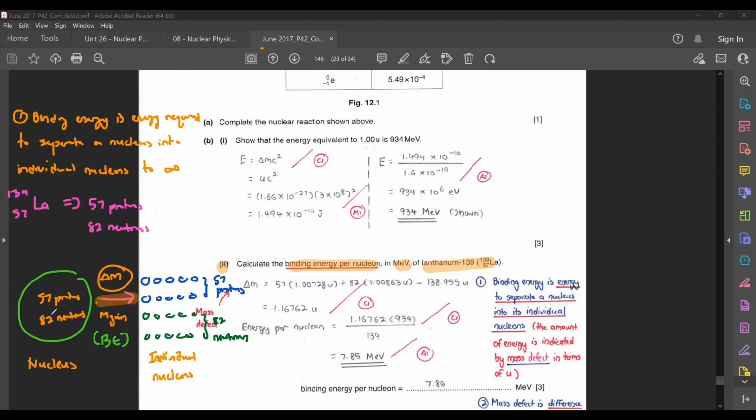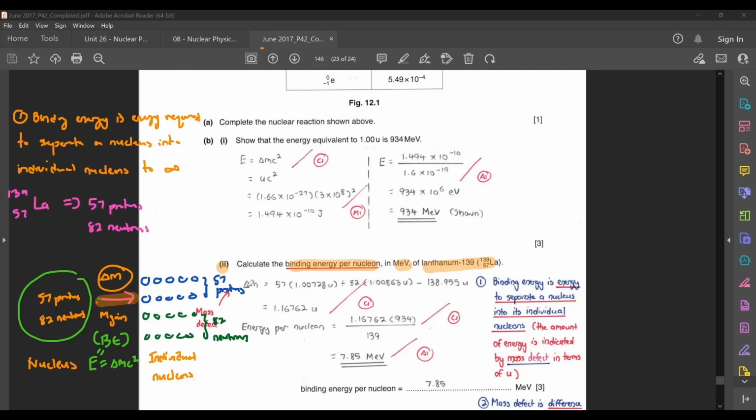And this energy involves a mass change. So since it involves a mass change, it therefore must use E is equals to delta m c squared, where your E is actually your binding energy. That's what you want to do now. So here you first need to find out your BE first.